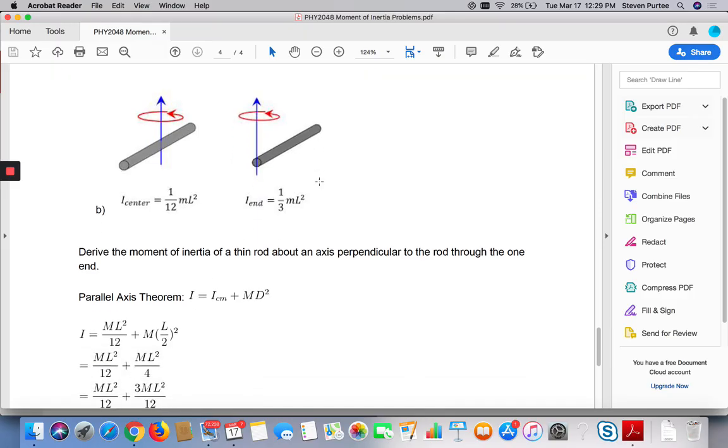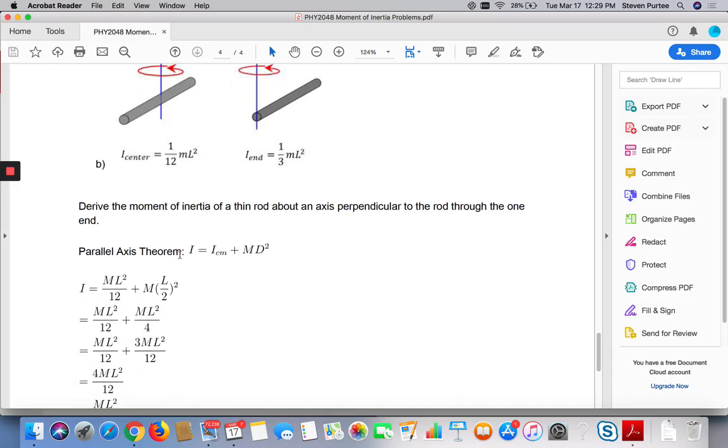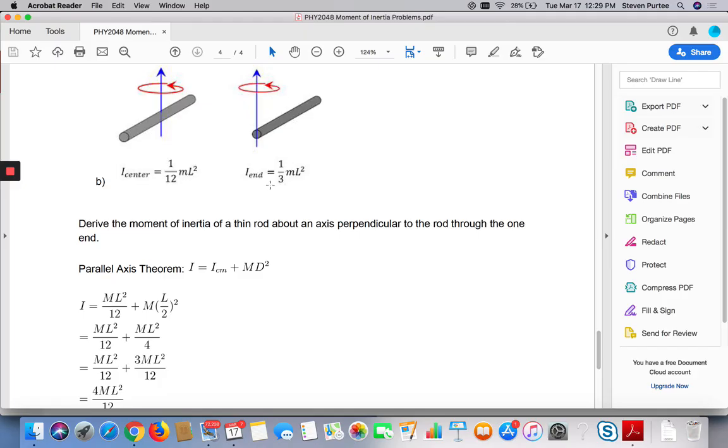Or we can use the parallel axis theorem. And that says the new moment of inertia is take the one through the center of the mass, the one we just found, and add on the mass times the distance we move the axis squared. So I move the axis from the center over to the end. I move the axis L over 2.